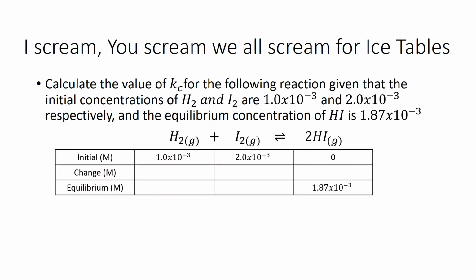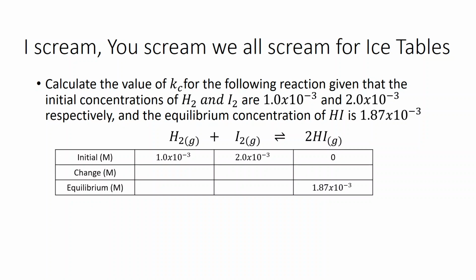We're going to fill in all of our information from the problem. We have initial concentrations for hydrogen and iodine, which we have moved into our ICE table, and an initial concentration of 0 for our products, because at the very beginning of our reaction we tend to have no products, though that might not always be true.